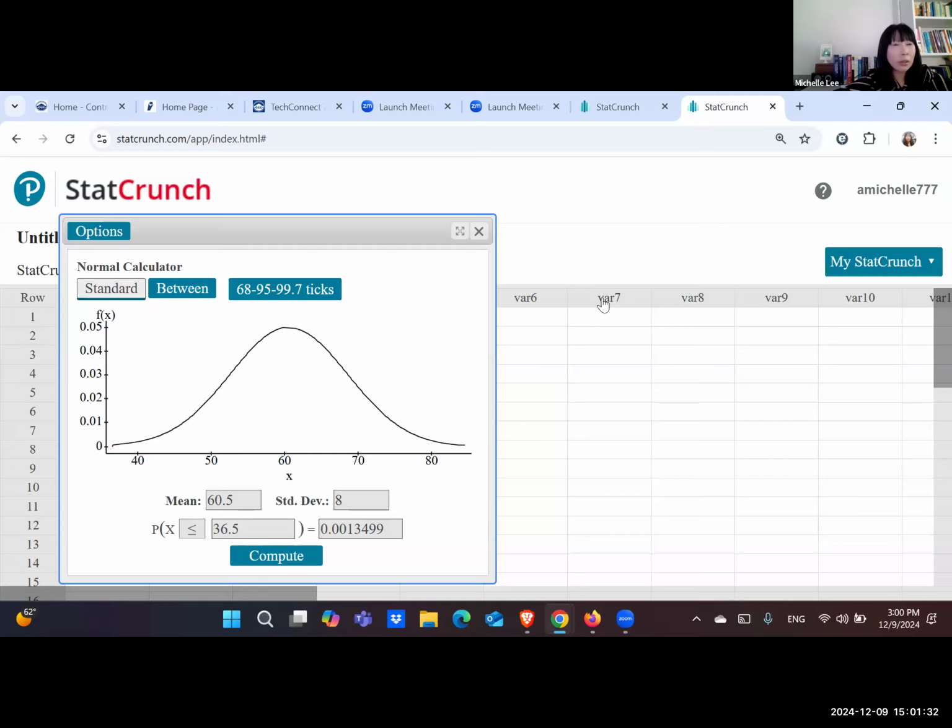We cannot use this one because we have to make a between, right? The question said 8 and 62.